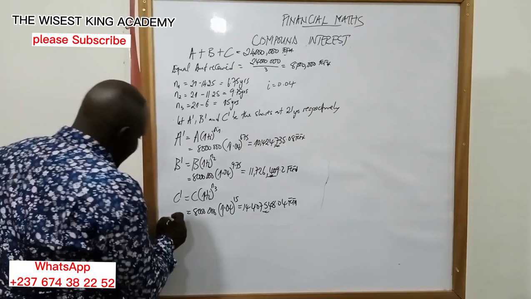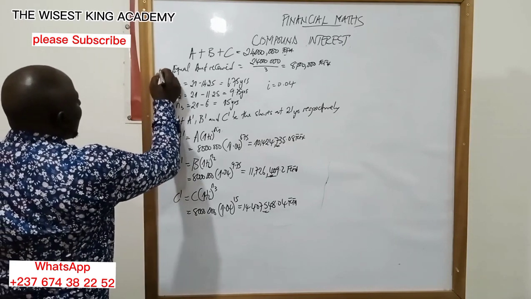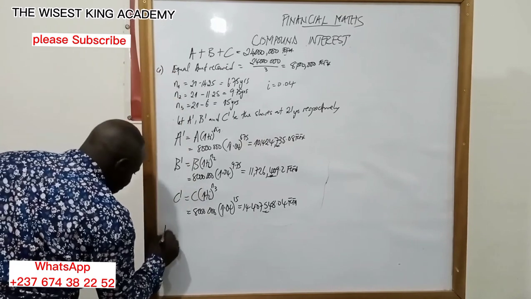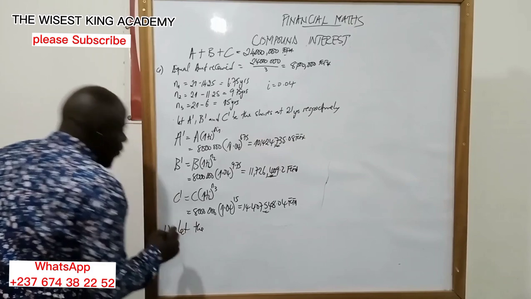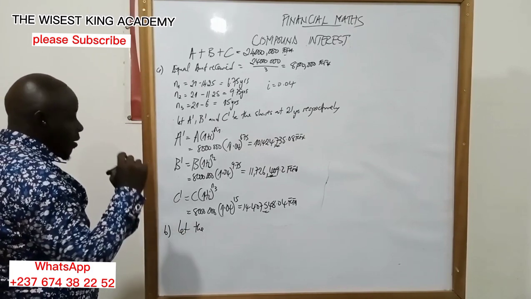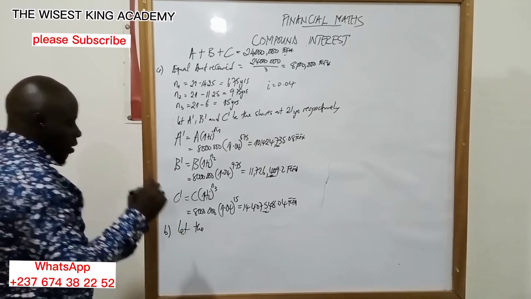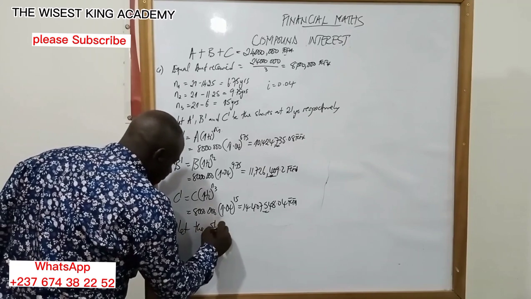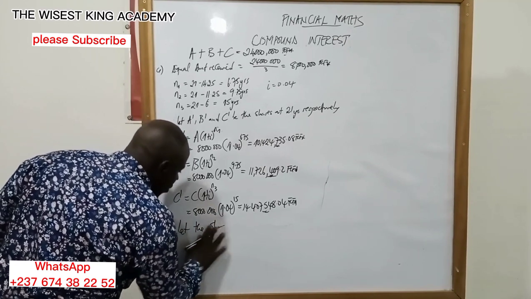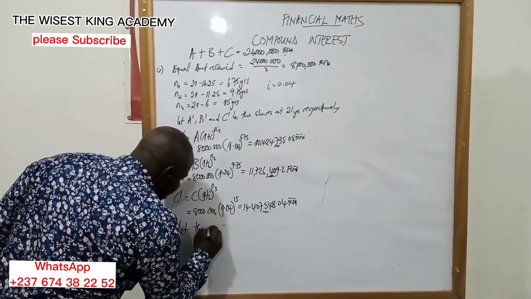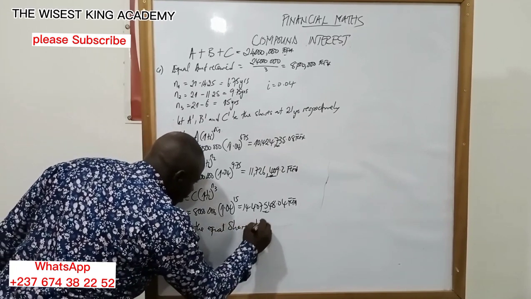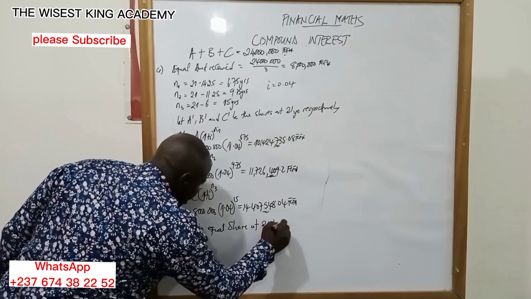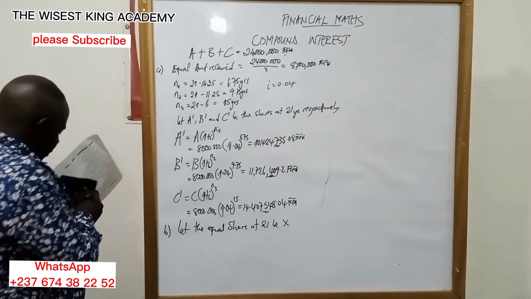Now, let me say this is A, B. Let the equal share at 21 be X.